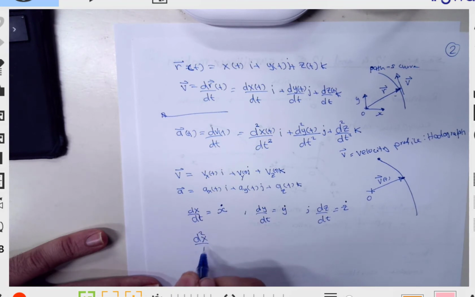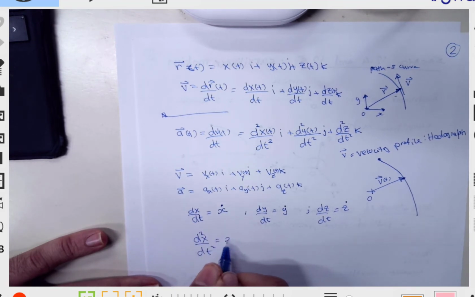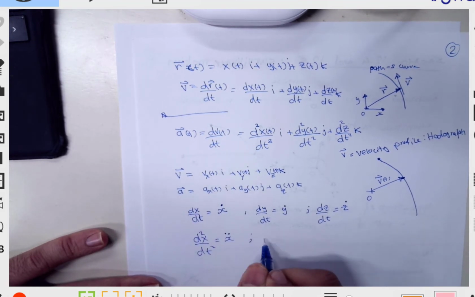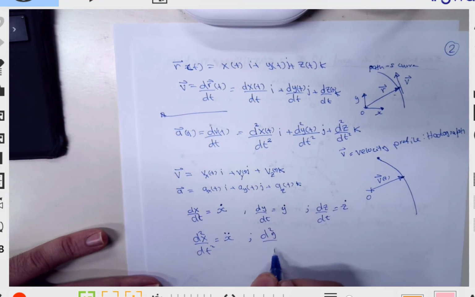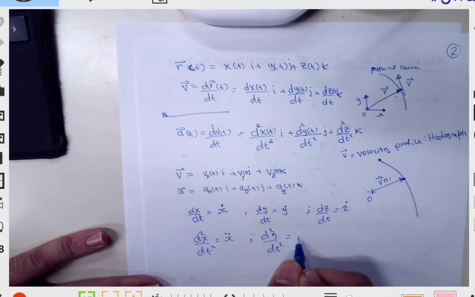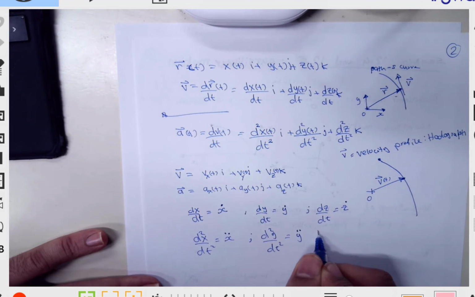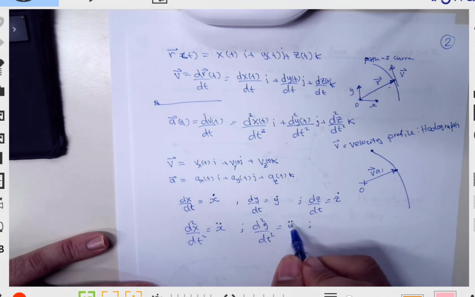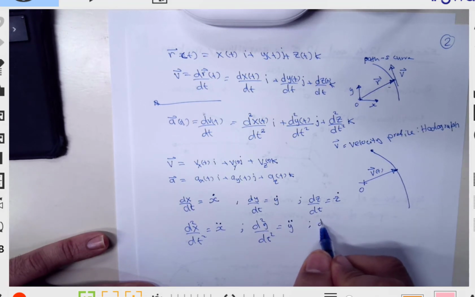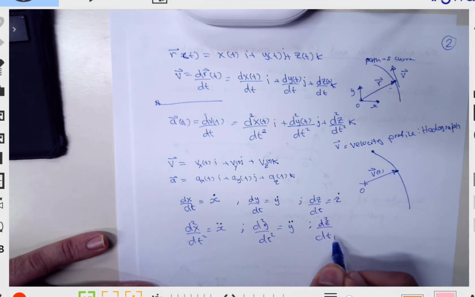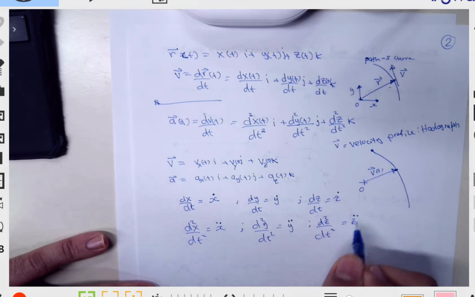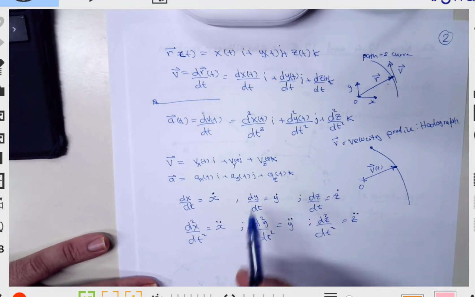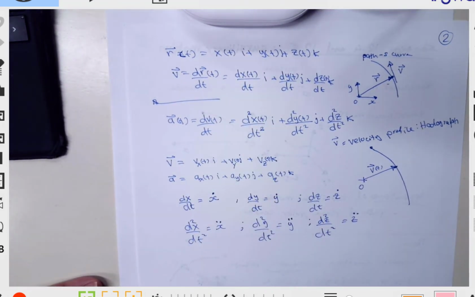Second derivative, you can write it as x double dot. This is a simplified notation. So instead of always writing this long dy over dt, this is just a simpler way. z double dot, right? So you can always use whatever you feel like.